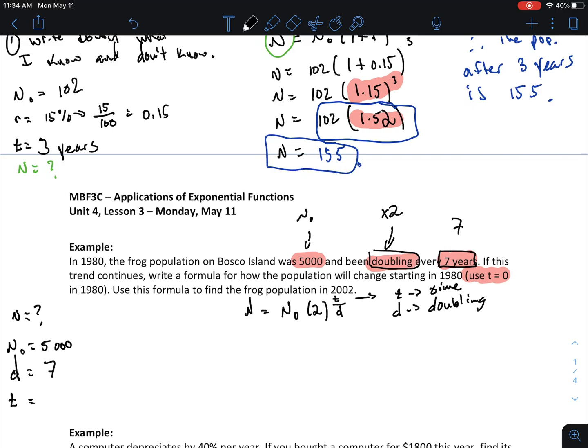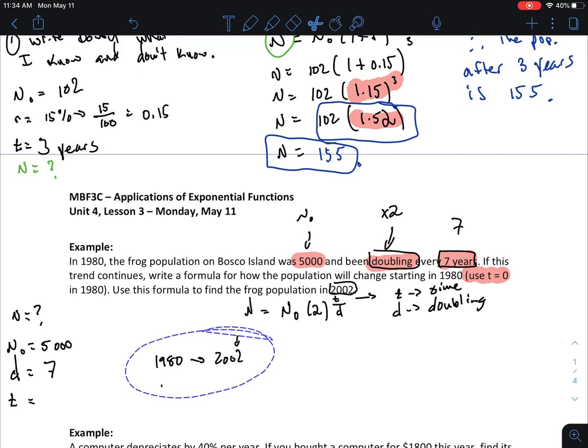Now, the last thing you have to figure out here is the t value. It wants to know, if we start in 1980, how much time passes until we reach the year 2002.